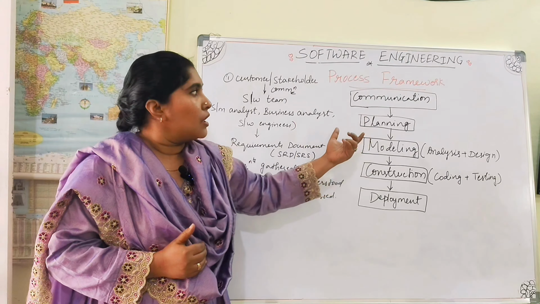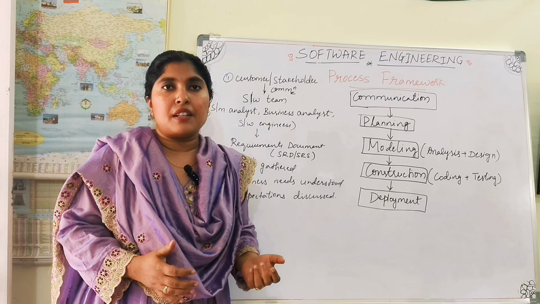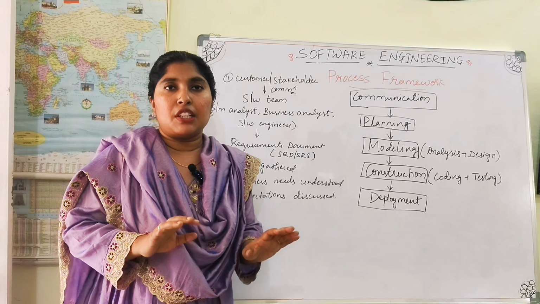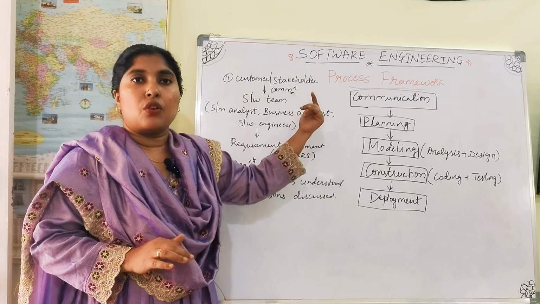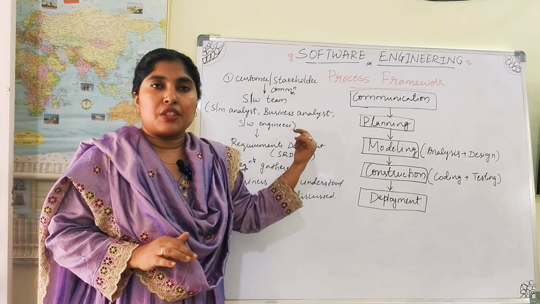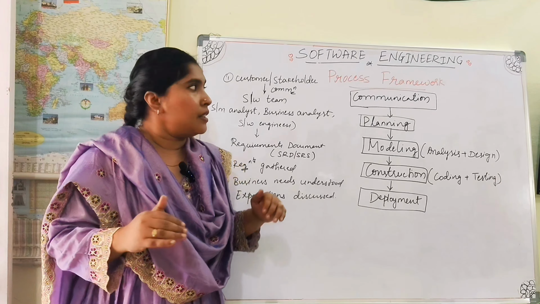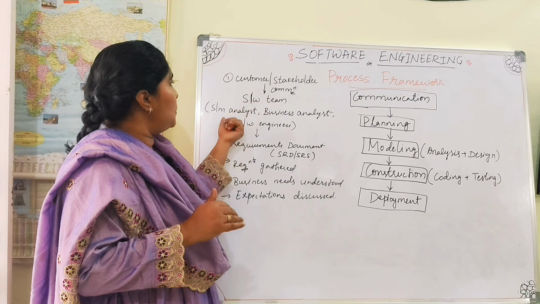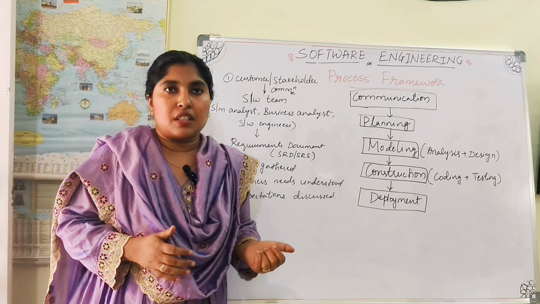Who will take part in the communication, and what they will collectively do in that phase, we will see now. Customers or stakeholders will communicate with the development team in the presence of management. The software team will be system analysts, business analysts and software engineers.